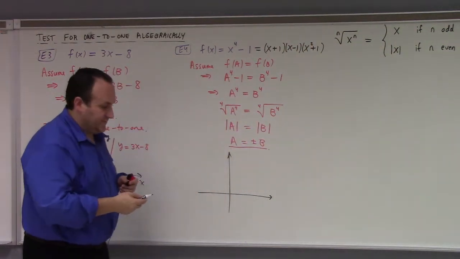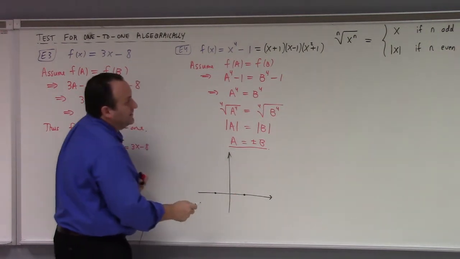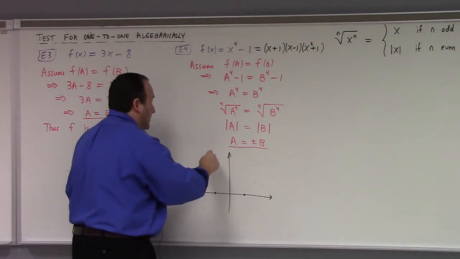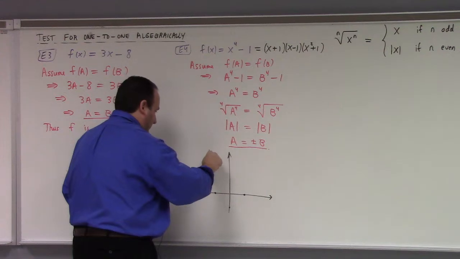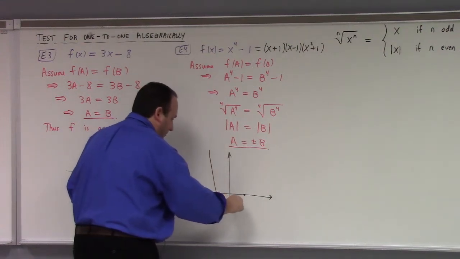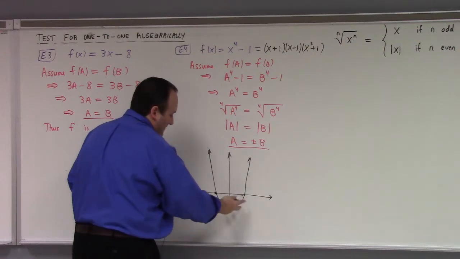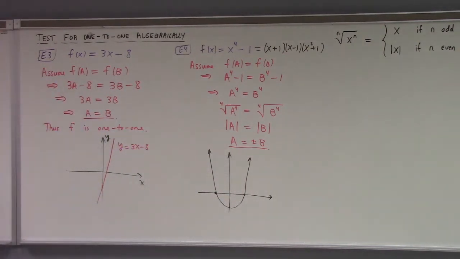So it's got x-intercepts of 1 and minus 1, and it's generally opening up. The y-intercept is minus 1. So you're right, it's kind of like a parabola, but it's fatter than a parabola at the bottom. But yeah, you're right. So obviously it fails the horizontal line test.